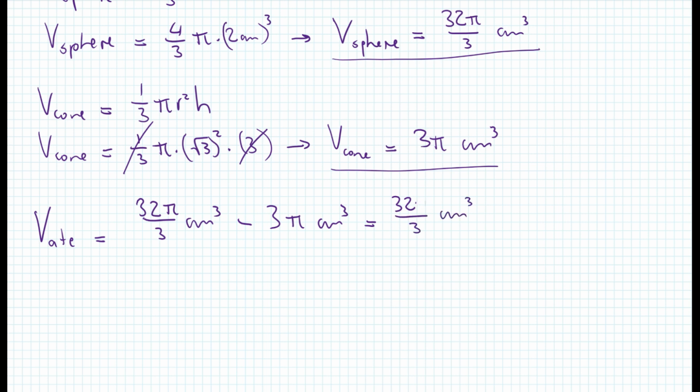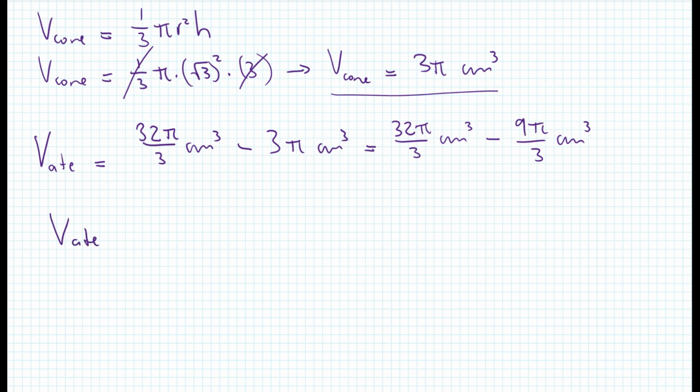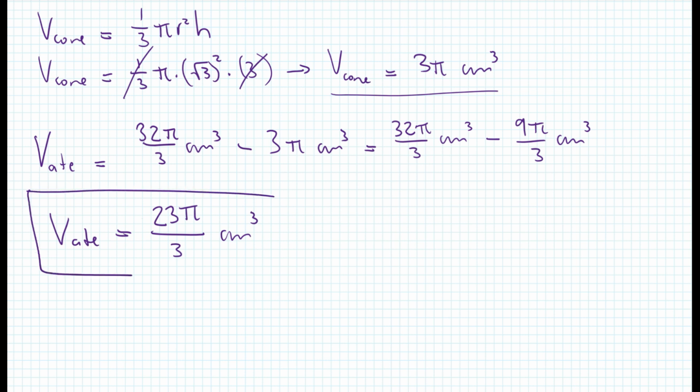Let me write the pi a little nicer. There you go. And we're going to subtract 9 pi over 3 centimeters cubed. So the volume that Dennis ate of the ice cream is simply 23 pi over 3 centimeters cubed. And that is the answer to this problem.